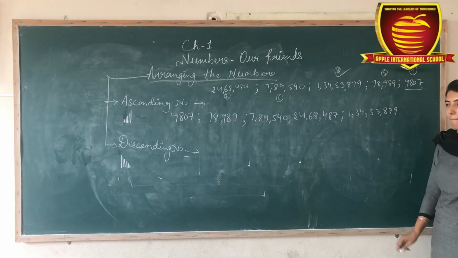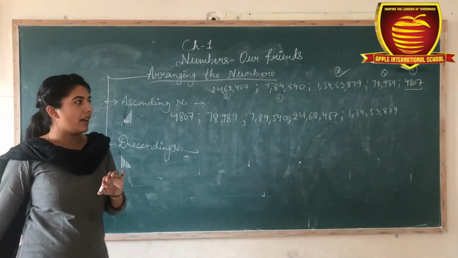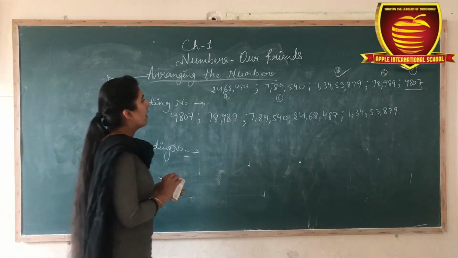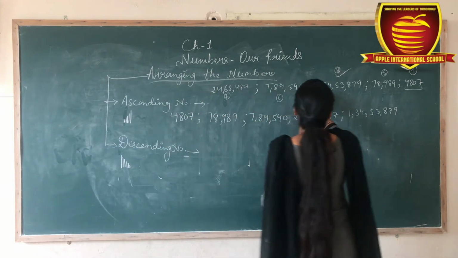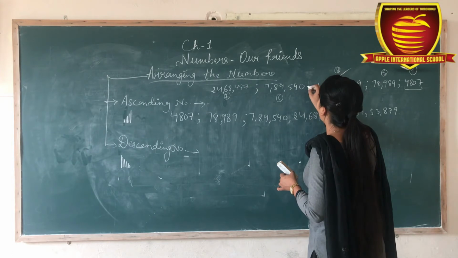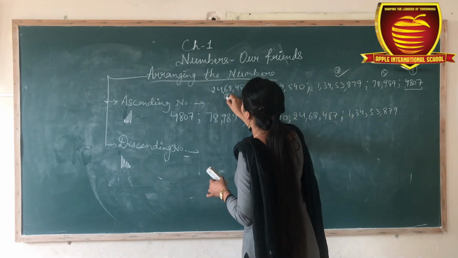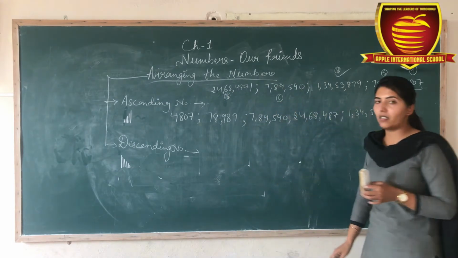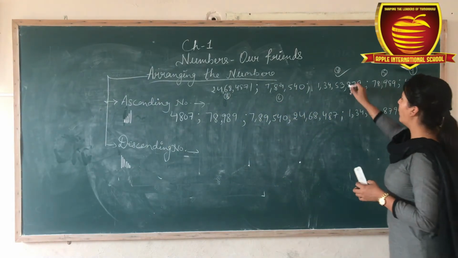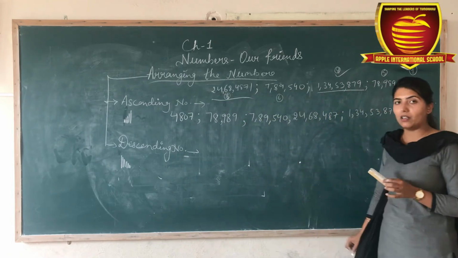Now the next case is if we have two same-digit numbers. For example, here are also 8-digit numbers. So one is here and one is here.